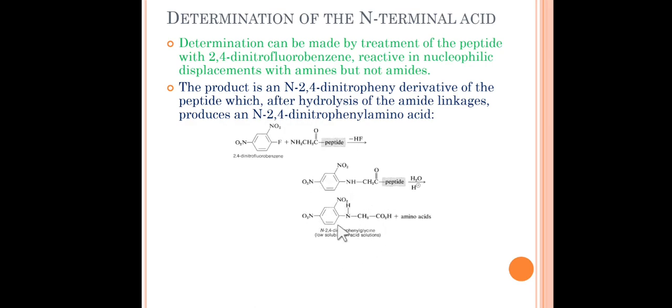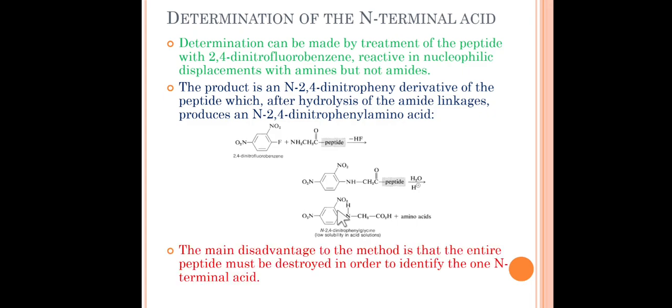That means we have this 2,4-dinitrophenyl group extra on our amino acid. So after hydrolysis, this is how we can determine which type of amino acid is attached to this 2,4-dinitrophenyl derivative. So this is how we can understand the N-terminal amino acid.